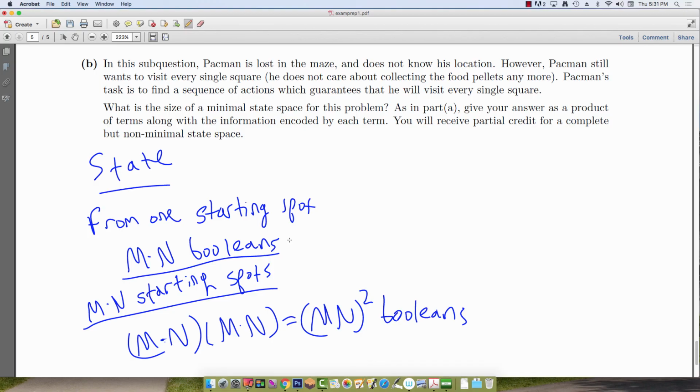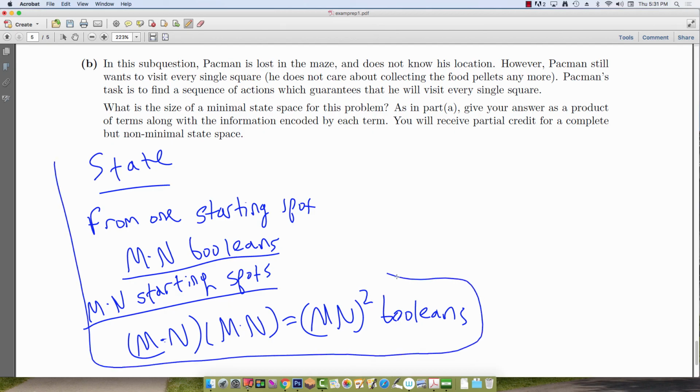Okay, so this is going to be enough for us to solve this question. It is solved when every single Boolean is true, which says that from every starting spot, Pac-Man has visited every square. So our state is (mn) squared Booleans, but we're not looking for what a state is, we're looking for the state size.